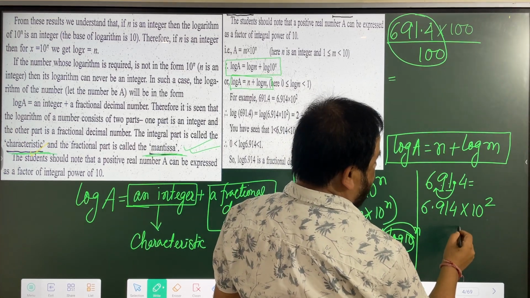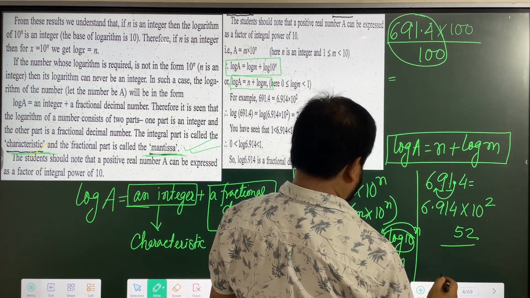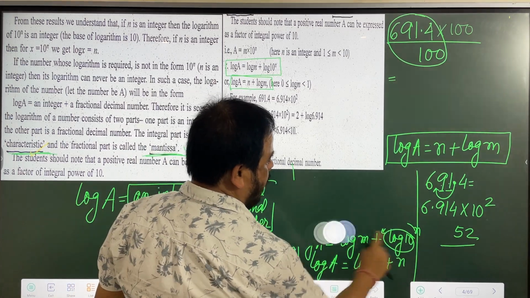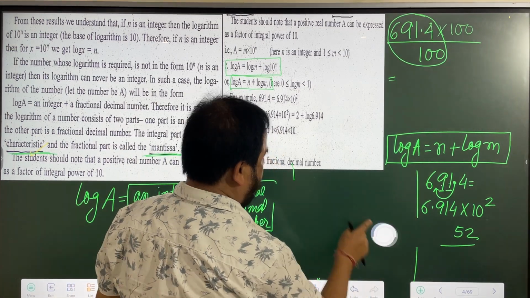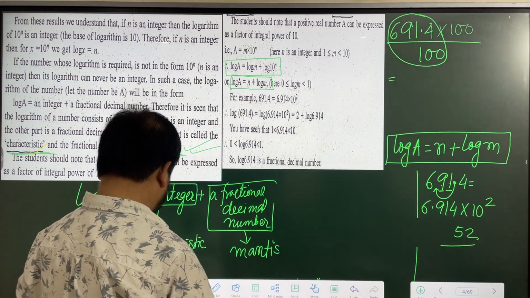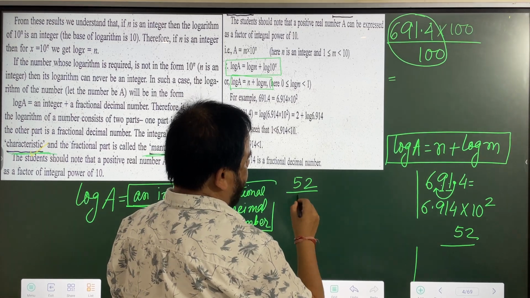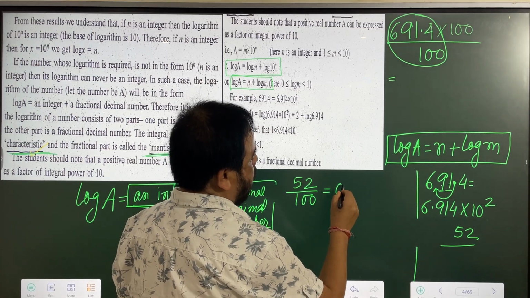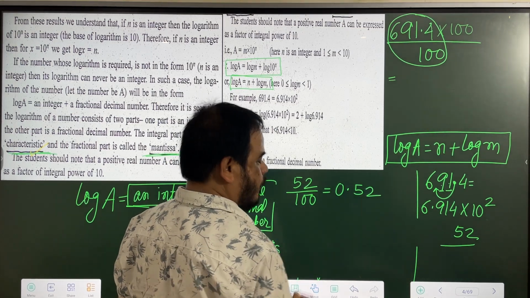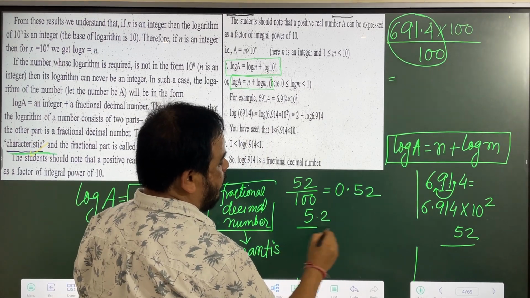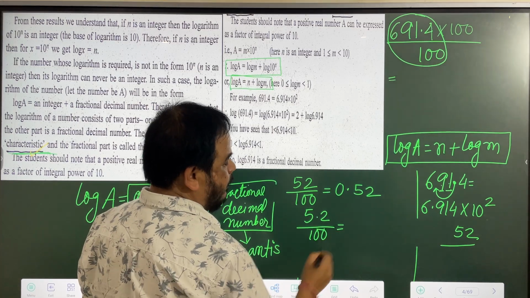Look here. If it is 52 by 100, I will rub this out, then I can write properly. You can pause the video and note it down, or you can just listen. 52 by 100, what will you write? 0.52. If it is 5.2 by 100, then what will you write?